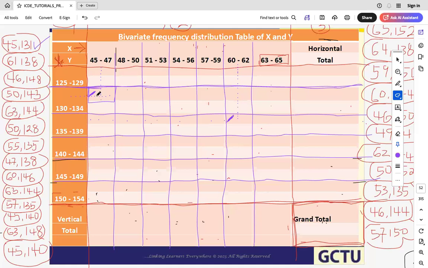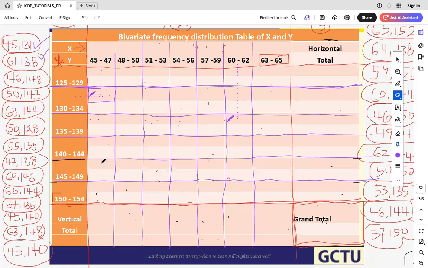So we have our first tally here. We have first tally here also, and that is data number 2. We have tallied it. Then we go ahead and tally data number 3, 46 against 148. So 46 is in this range. We go down looking for 148 by the side.